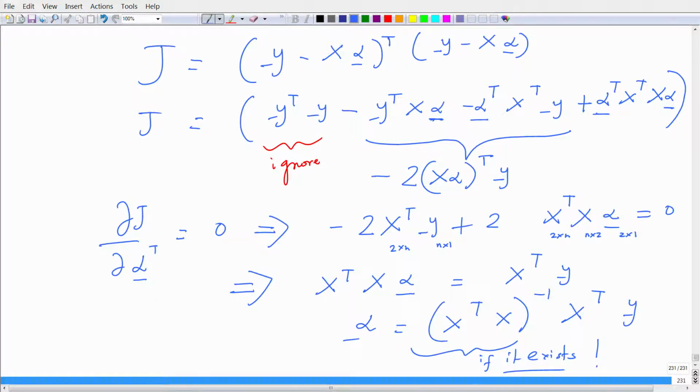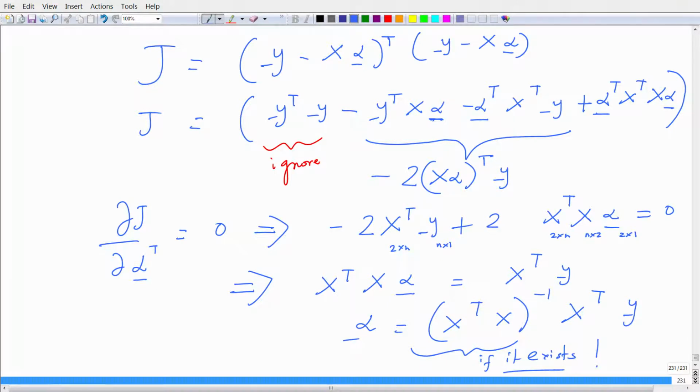You do a little bit of algebra, we get this quantity, which is minus 2 times the matrix X transposed y plus 2 times the matrix X transposed the matrix X times this vector alpha equal to 0.